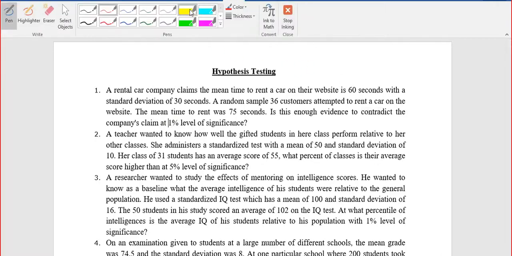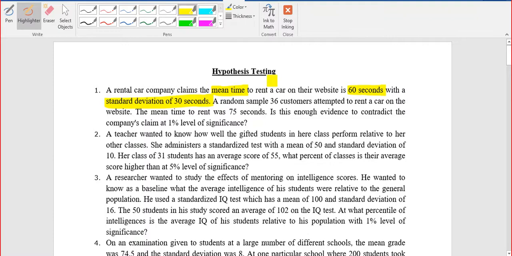So we need to see what the information is. First of all, we have the numbers available here. The rental car company claims that mean time to rent a car is 60 seconds with a standard deviation of 30 seconds. So it is talking about the entire website.